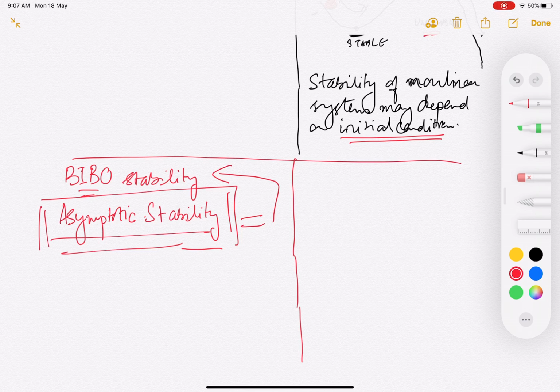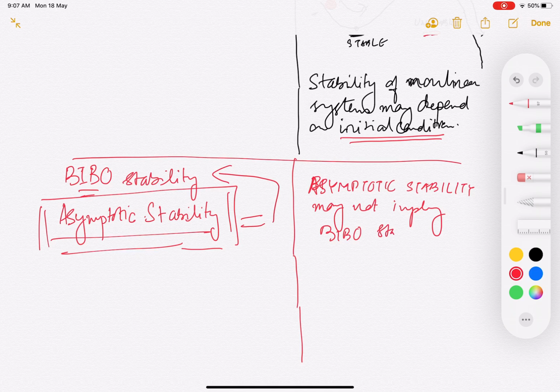So in nonlinear systems, asymptotic stability may not imply BIBO stability, right? So this is another important thing.